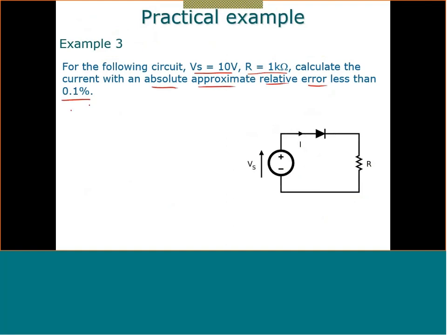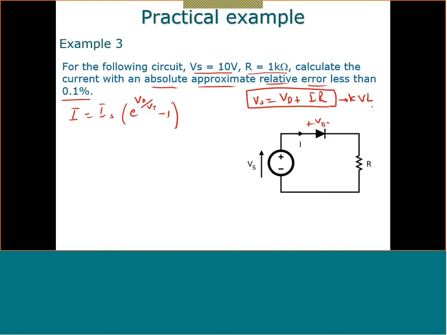So we'll start with this equation: I is equal to Is, the one that I just showed you, times e to the power of Vd over Vt minus 1. Now, if we take KVL, this is your Vd and this is your IR. So your Vs is equal to Vd plus IR. This is your equation, coming from KVL.